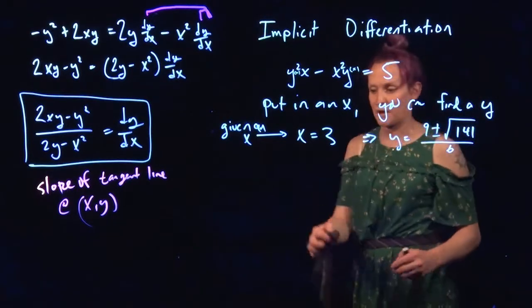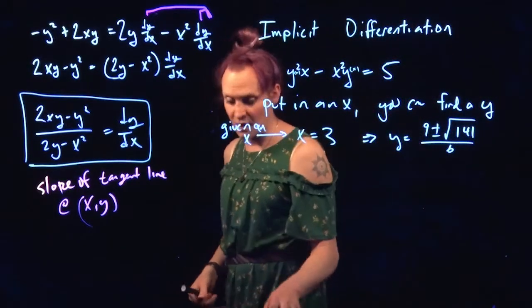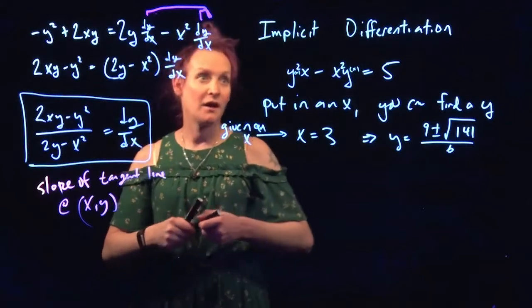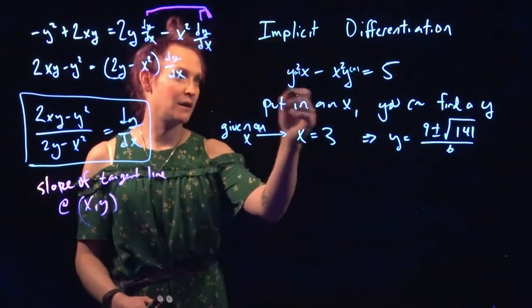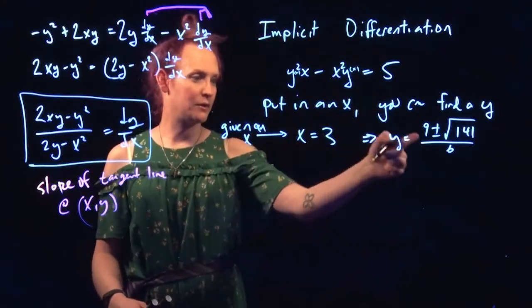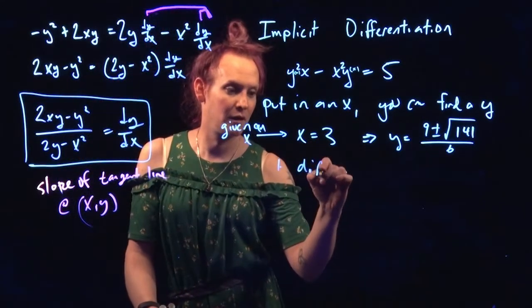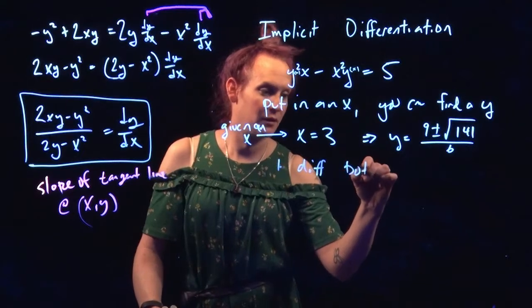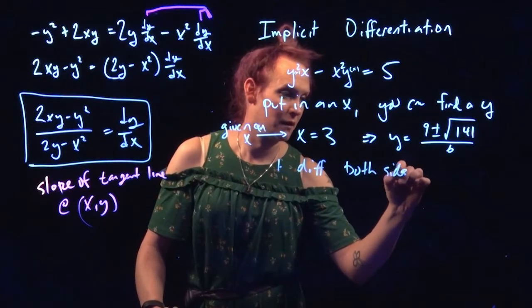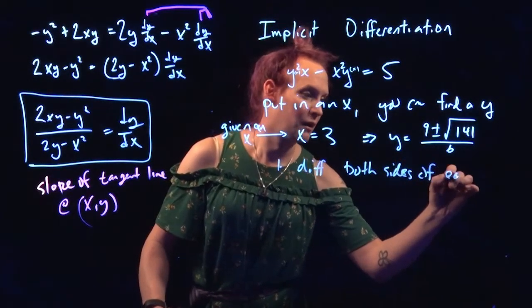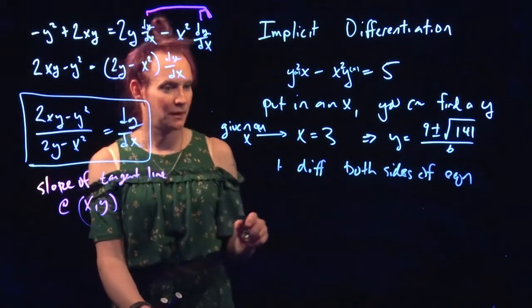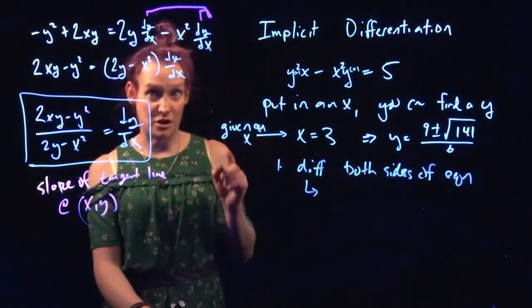And then I engage in the process of implicit differentiation, which I will summarize right now. Given a point on my curve, I'm going to differentiate both sides of my equation. And we've got some notes here.